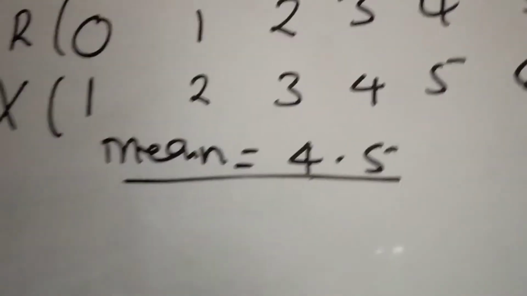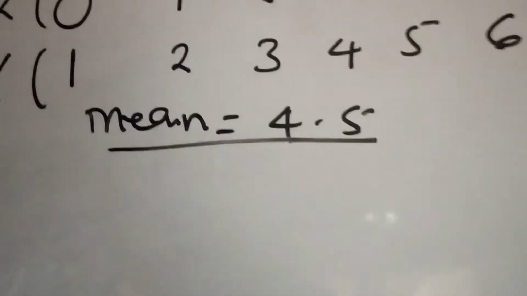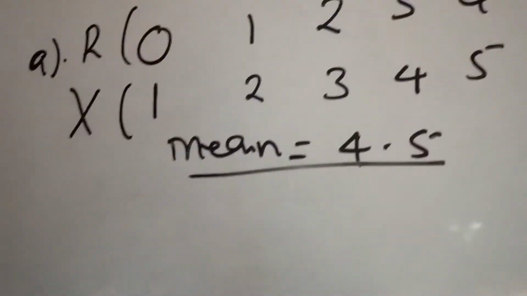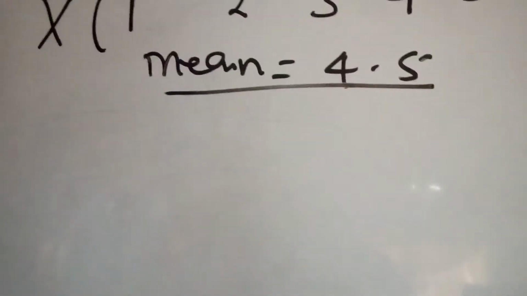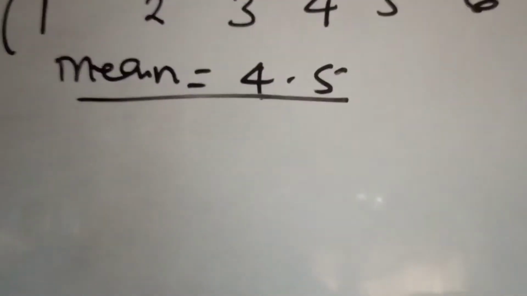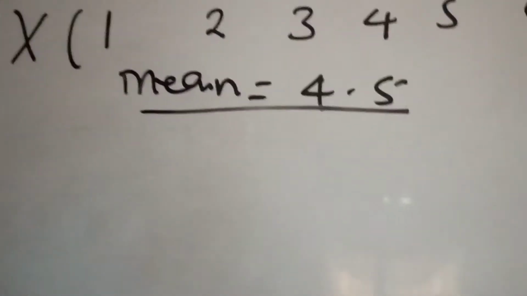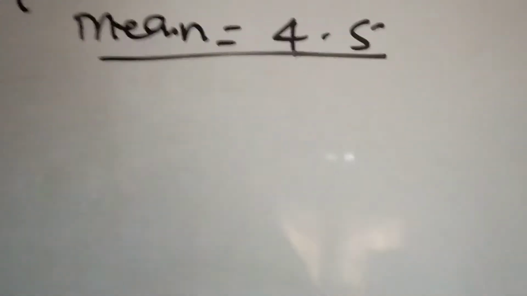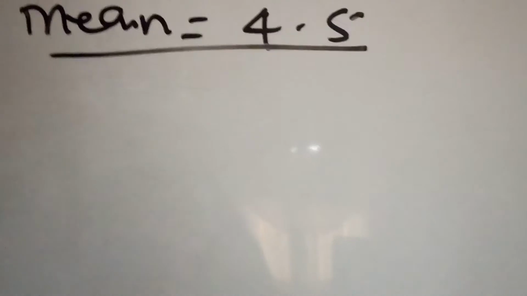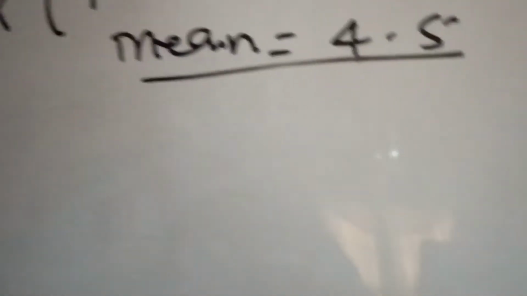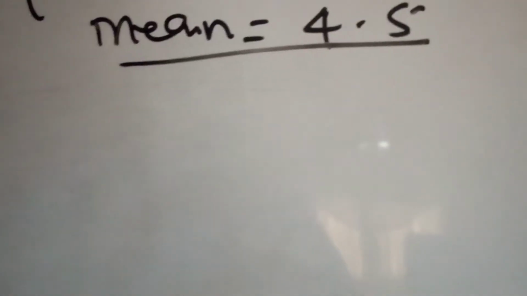And the question is asking us, find the probability that a particular digit lies within one standard deviation of the mean. What is that question asking us? That whatever number we are looking for must not be more than one standard deviation far from the mean.